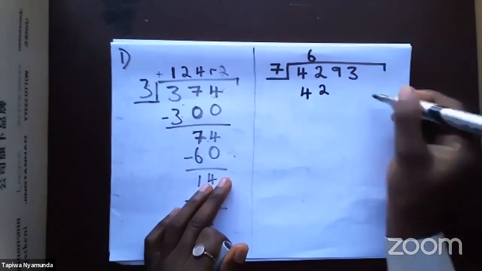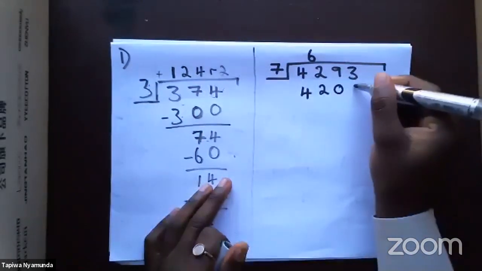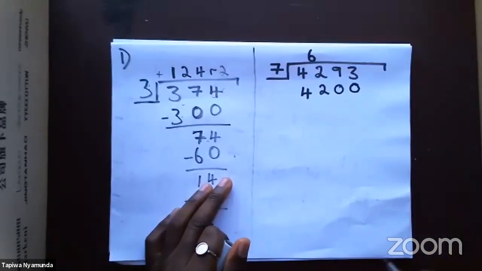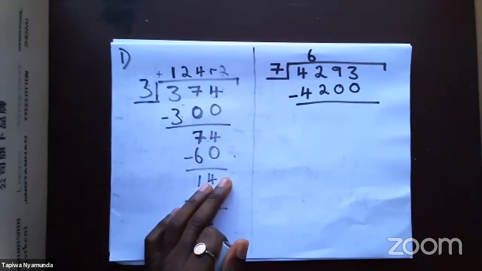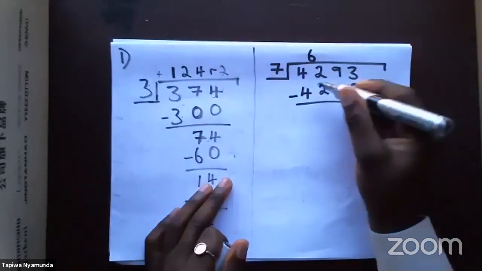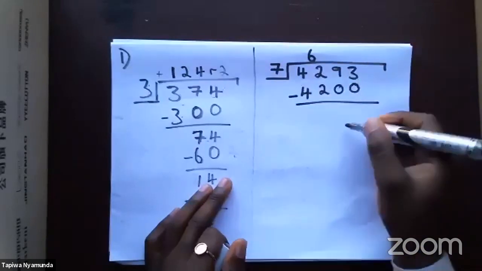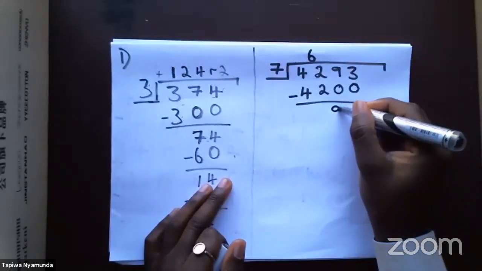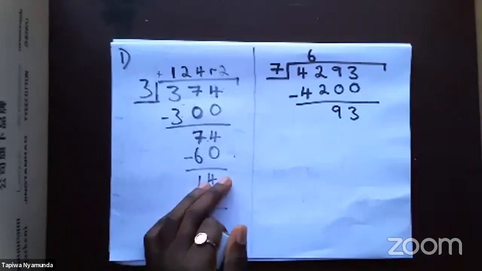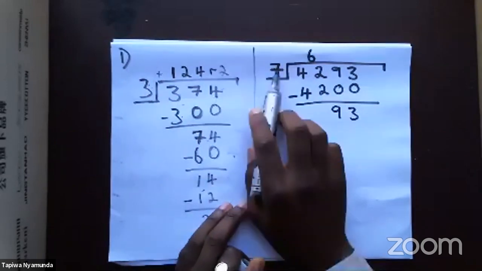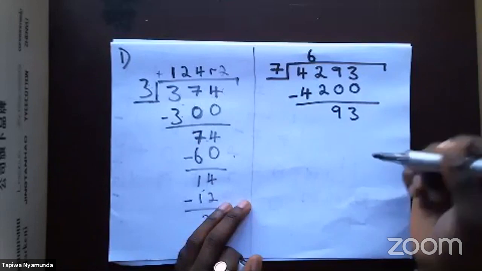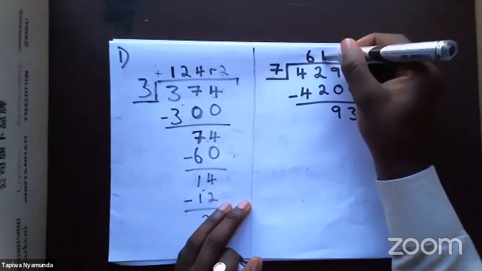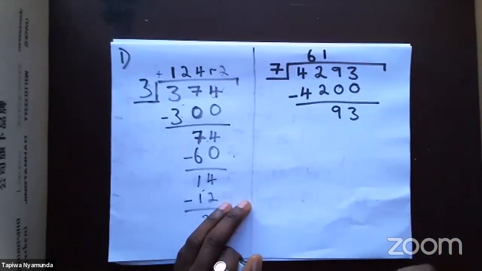As soon as I have a 42, I'm going to replace these with 0. Then I have my line like that. I'm now subtracting. When I subtract this, I'm going to get 93. Then I'm going to say 7 into 9. What do I get? I get a 1 there, right?